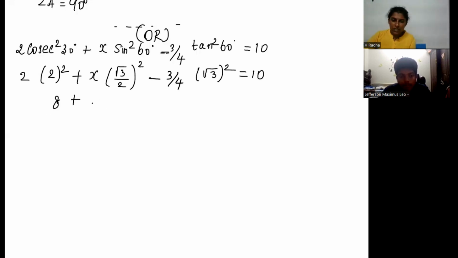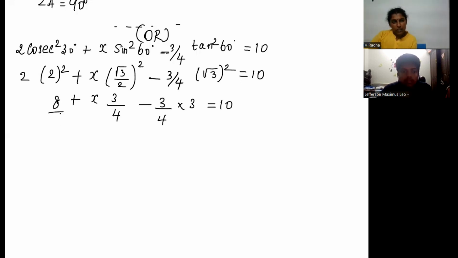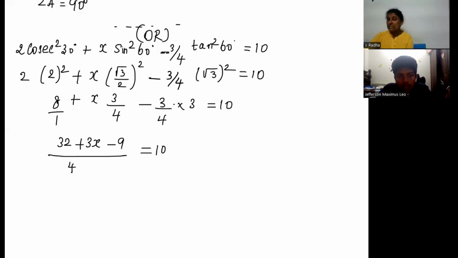Please simplify and say the answer. 3x by 4 minus 3 by 4 into 3 is equal to 10. Take LCM as 4. 4 eights are 32, plus 3x minus 9. 3 threes are 9.